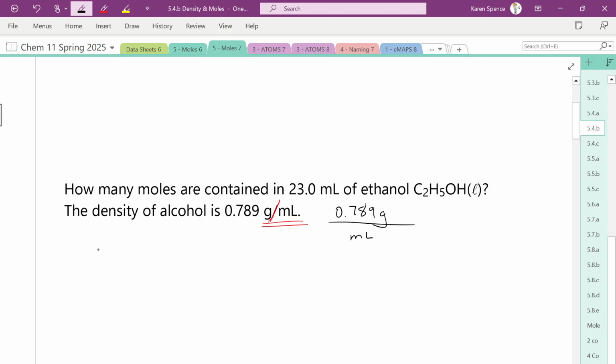And we're going to say, how many moles are contained in 23 milliliters of ethanol?